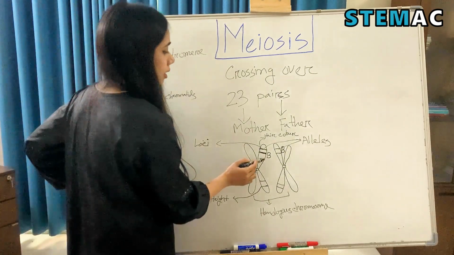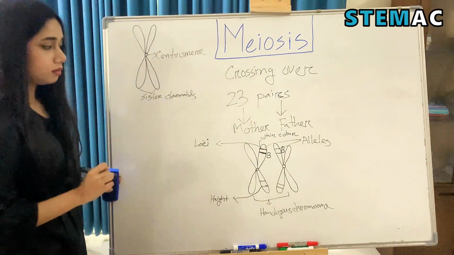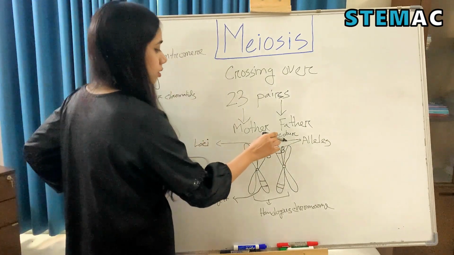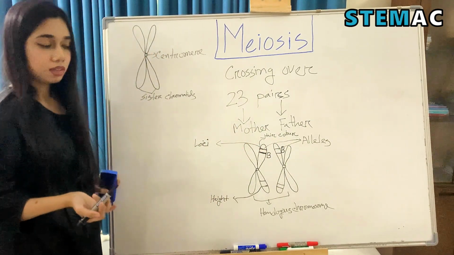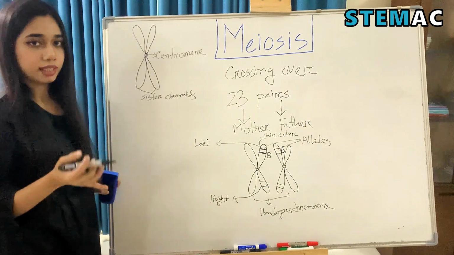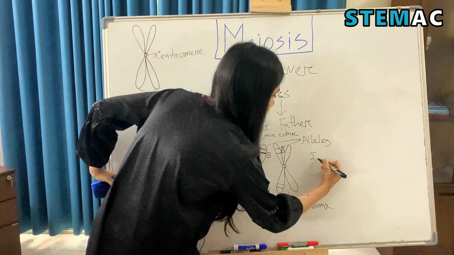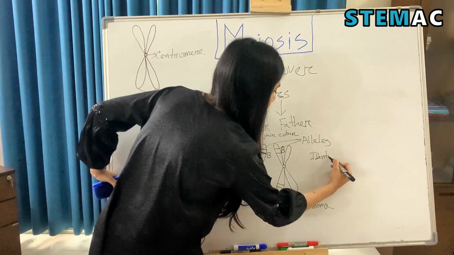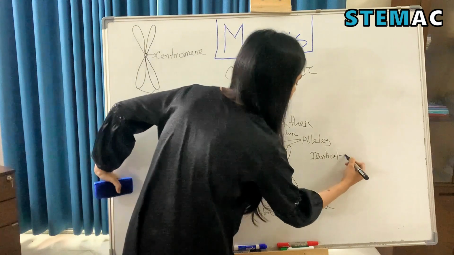We can see that these two alleles are identical. When two alleles of a particular gene are identical, we call them homozygous alleles.